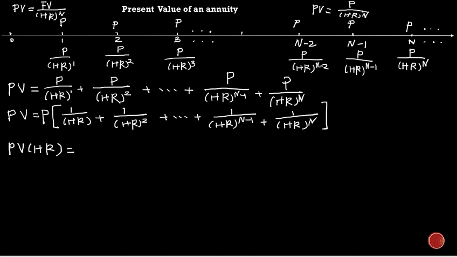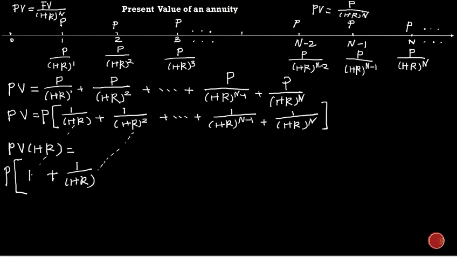This term times 1 plus R is 1 over 1 plus R. So to make it easy to understand, we put P times the bracket. This first term times 1 plus R is 1, plus this term times 1 plus R is 1 over 1 plus R. I just want to make these two terms matching.